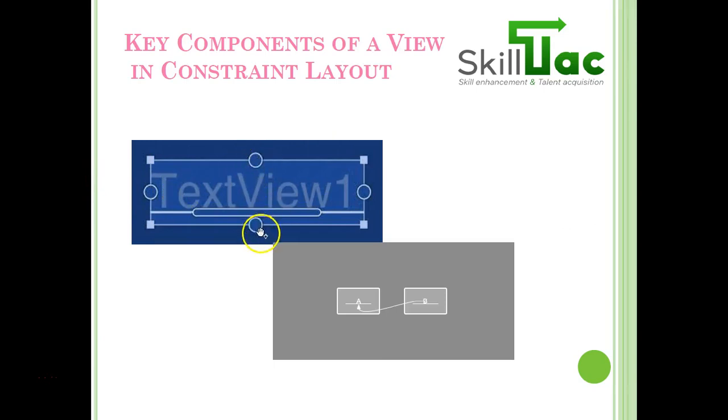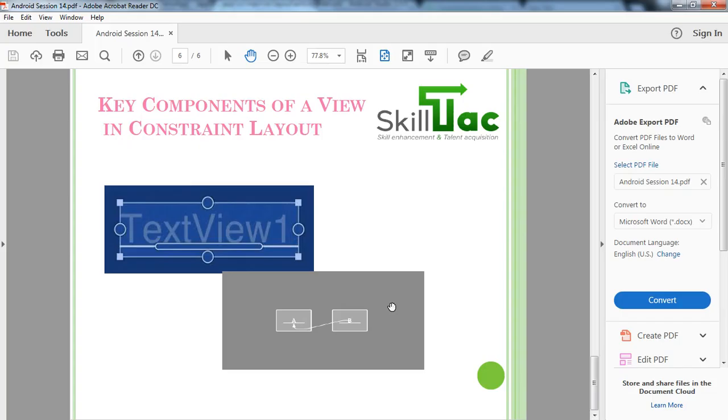These are the dots that are used to connect the two views, and this is the baseline that you see here. Baseline is basically used to align the views in front of each other so that the alignment is correct. For example, the A view here and the B view here should be in perfect, straight alignment with each other. This is how the baseline helps us to align the two views. To see this practically, let's move to the Android Studio.